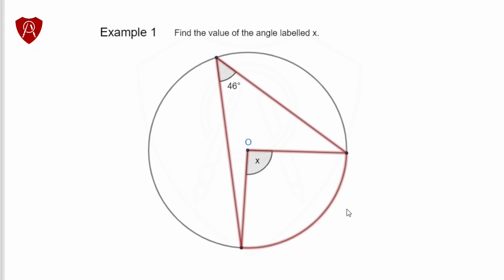Quite clearly, x is the angle at the center and should be twice the angle at the circumference. So we simply double 46 degrees to find that x is 92 degrees.